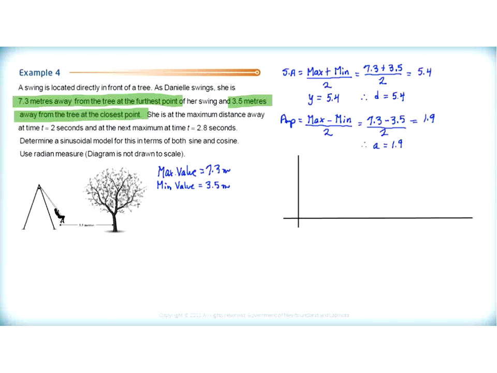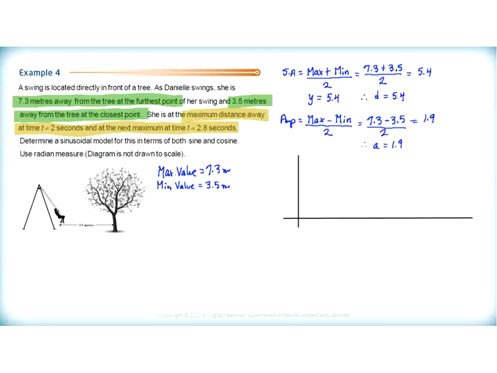we don't need to worry about the negative time, nor do we need to worry about the negative height. We are told here that she is at a maximum distance away at time t equals 2 seconds, and the next maximum is at 2.8.